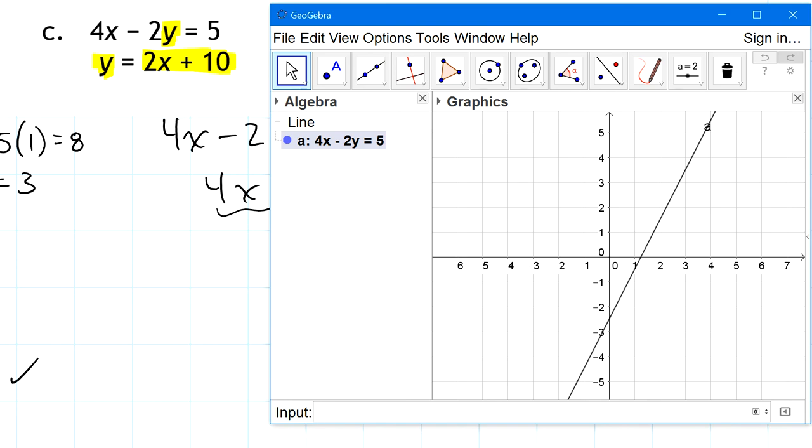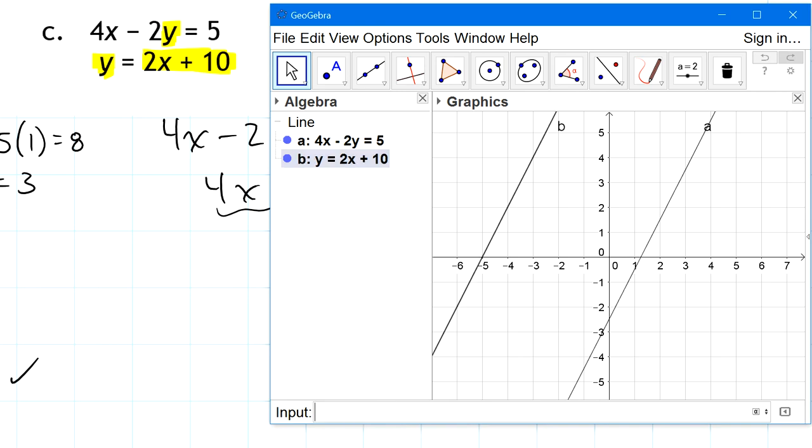Y equals 2x and then plus 10. Sorry, I'm slow at this. Why can't I see addition? Oh, there it is. Plus 10. And let's graph that.